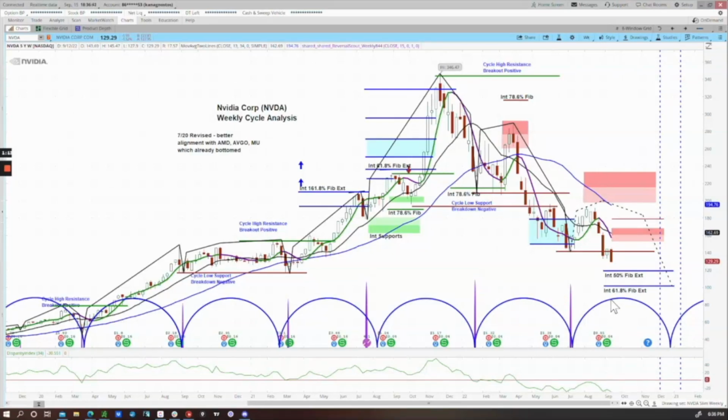Two other closely related aspects of cycle analysis are translation and configuration. Translation refers to where the cycle peak occurs, and it can be left-hand or right-hand. Right-hand translations like this one are generally bullish because there isn't much time left in the cycle for a decline.